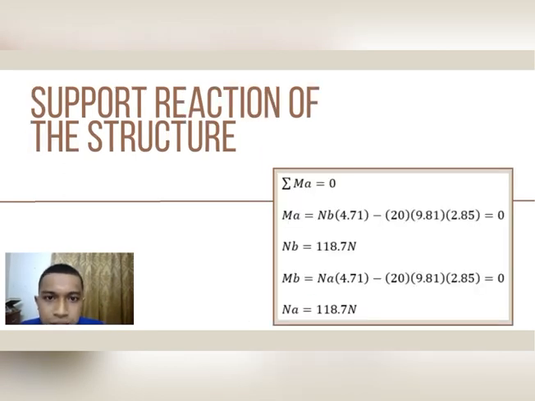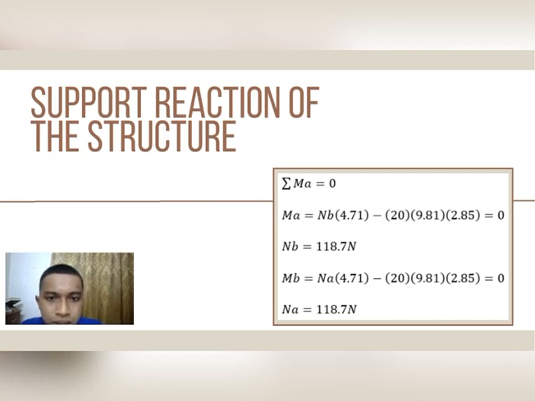Support reaction of the structure. The total MA is equal to 0. MA equals NB bracket 4.71 minus 20 multiplied by 9.81 and 2.85 equals 0.